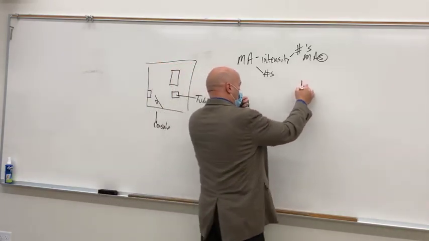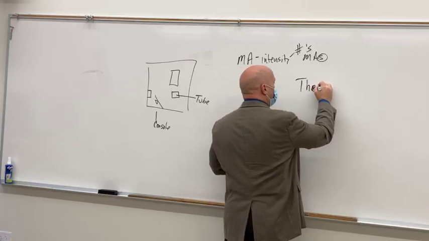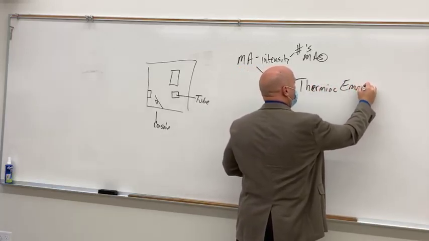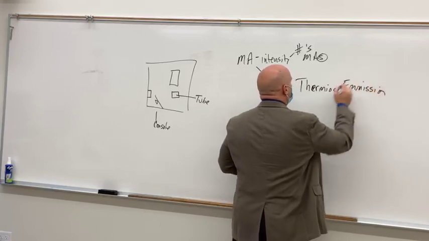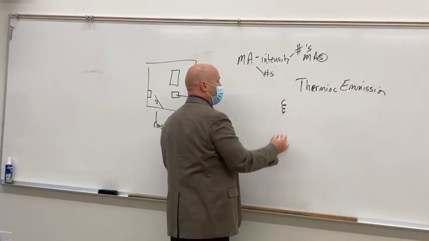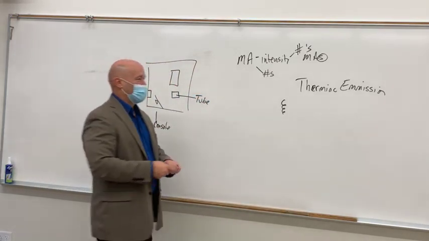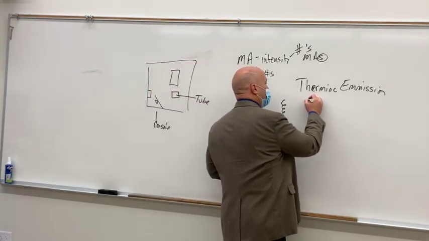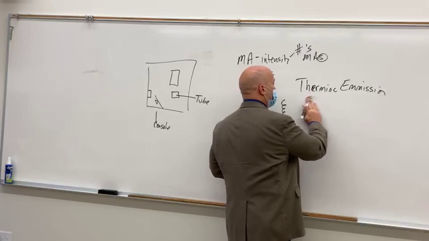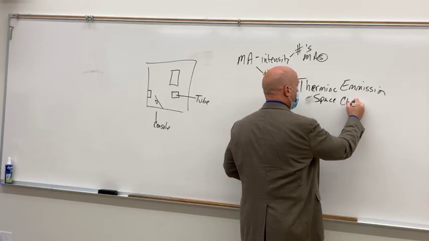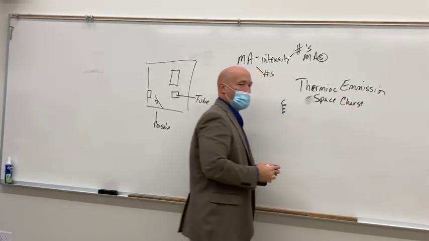They call that thermionic emission, right? All you're doing is heating up the filament. So you're crowding electrons together. Thermionic emission, creation of space charge. That sounds real technical, doesn't it?